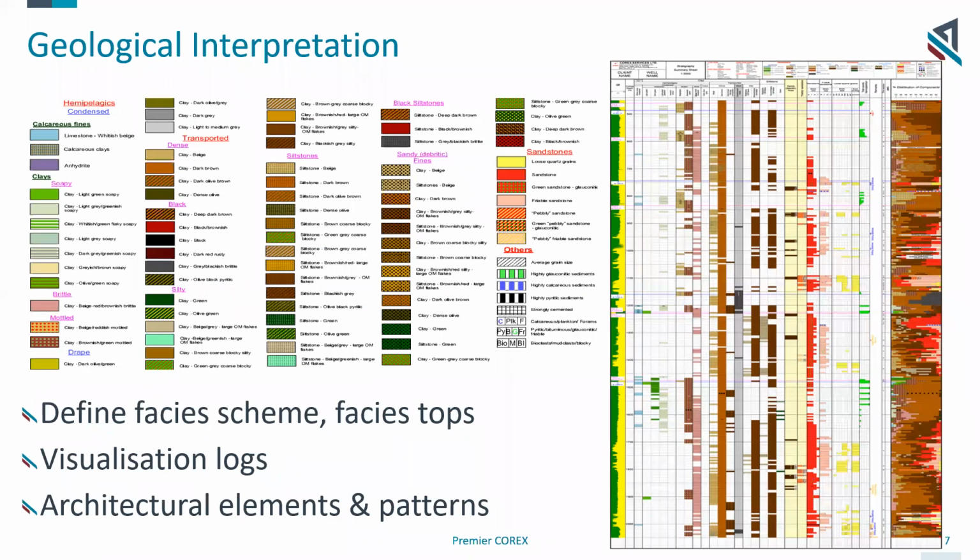So as a package altogether, the geological interpretation, what we can do is we can generate and define a facies scheme, facies top. That can be visualized into a log like the one we see here. And the sedimentologists can interpret that into the various architectures of the reservoir, or perhaps the overburden, and it gives an interpretation of what we can see on the seismic traces, filling in a lot of detail which you can't get from seismic, and is difficult often to get from wireline data.